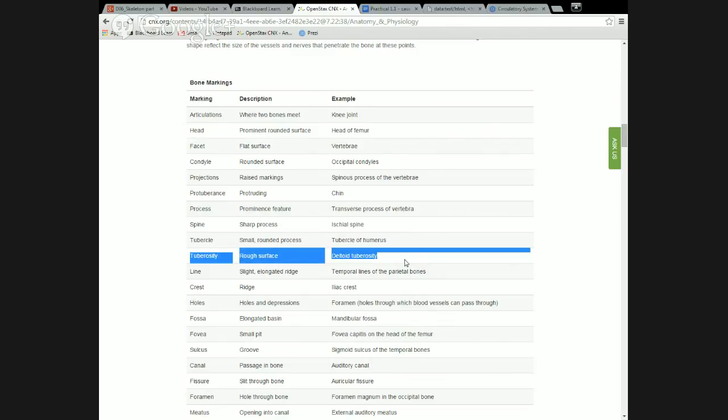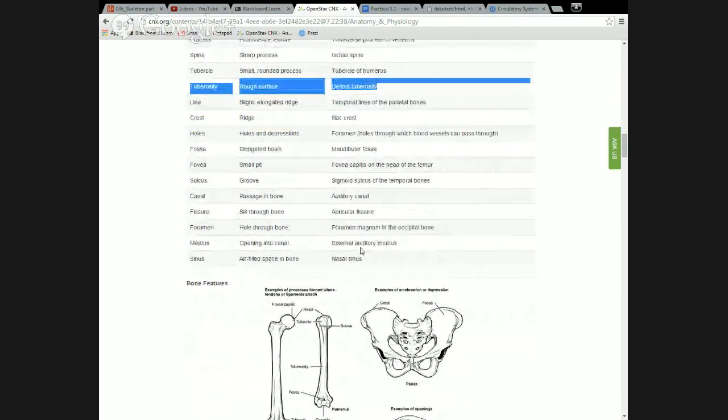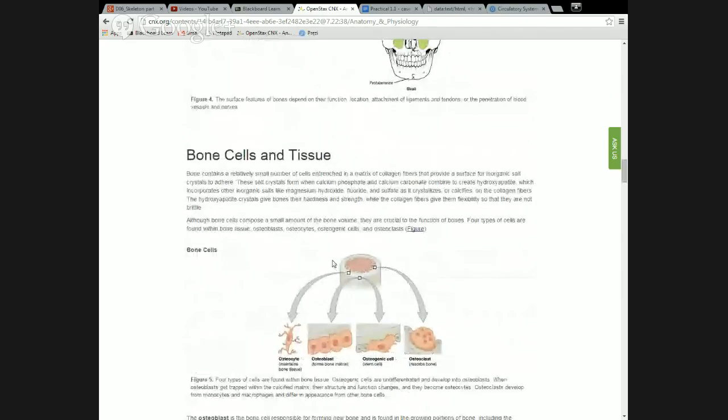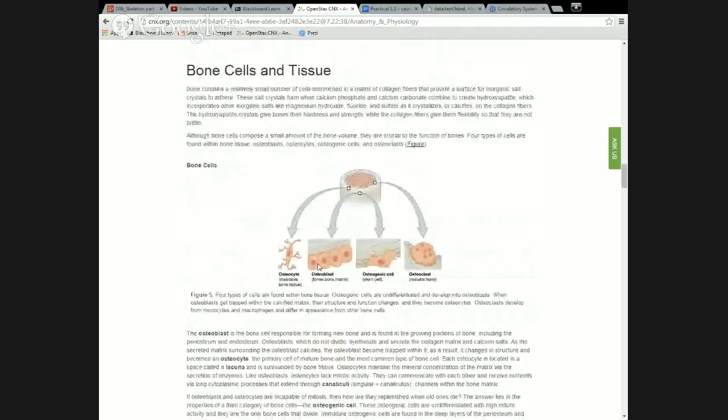At that point, because there's tension where the muscle actually attaches to the bone, it makes the bone grow a little bit thicker right there. And that is what causes a lot of the bone markings to grow. They give some examples of bone markings here. I just want to point out this picture, you can look at it.